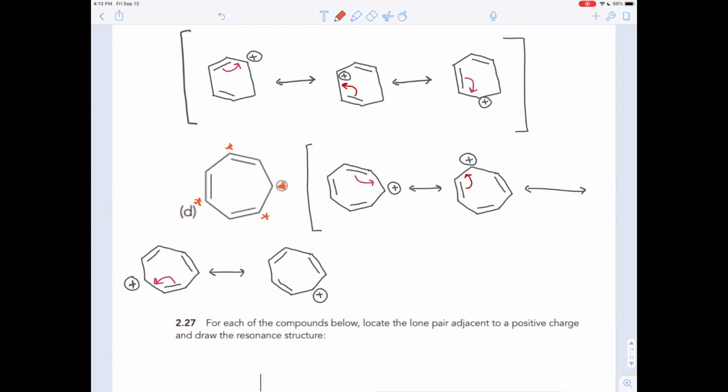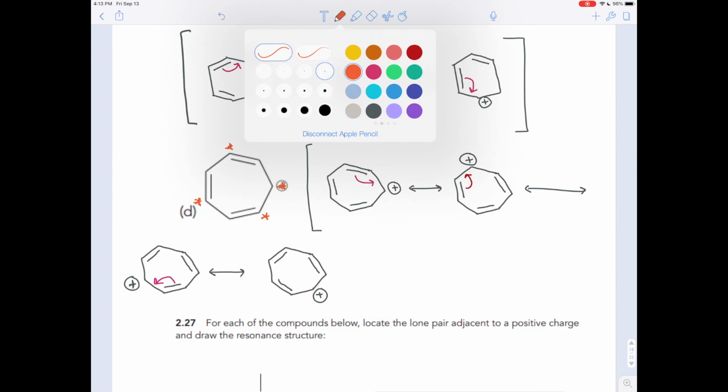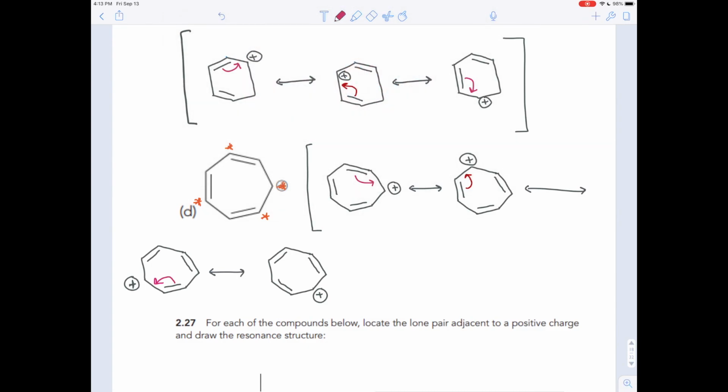Now, this is now allylic to a new pi bond, this bond right here. So these pi electrons can go toward the positive charge and give us a new resonance structure. To draw that new resonance structure, you would see anywhere where you have the tail of a curved arrow, that's where electrons are moving away from, so erase those.